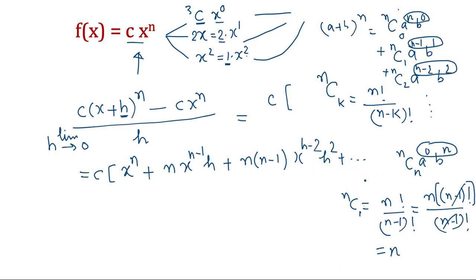It will go on till h^n. But we are ignoring higher order powers of h. So we will ignore all of these terms since these will be even smaller than h, and h is itself small. So we will take the first two terms and divide by h.